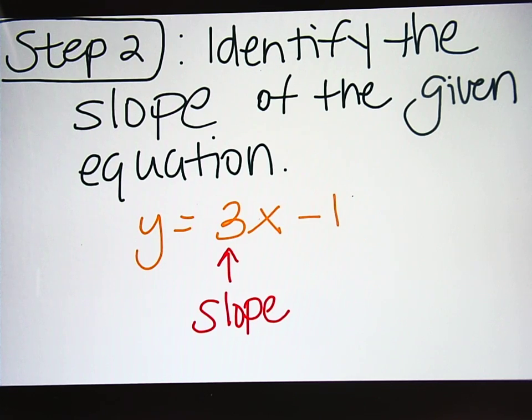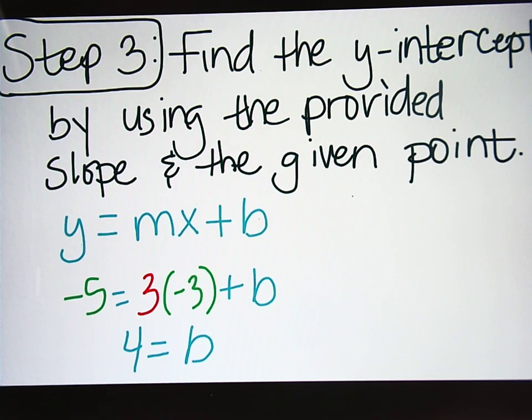Step 2, identify the slope of the given equation. Hence the reason why you need to write the equation in slope-intercept form. Identify what the slope is. Step 3, find the y-intercept by using the provided slope and the given point. Once we put the equation in slope-intercept form, we were able to identify that the slope is 3.